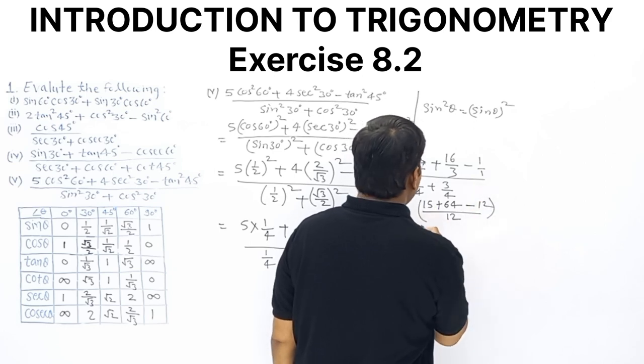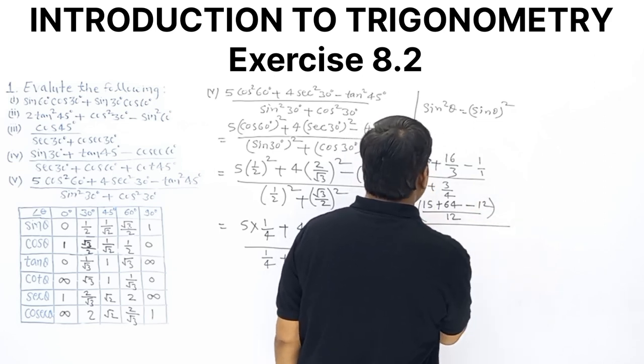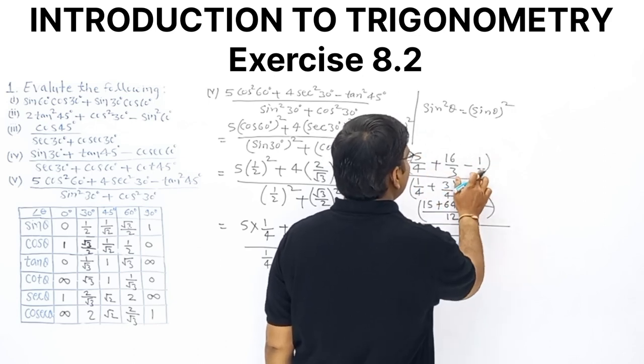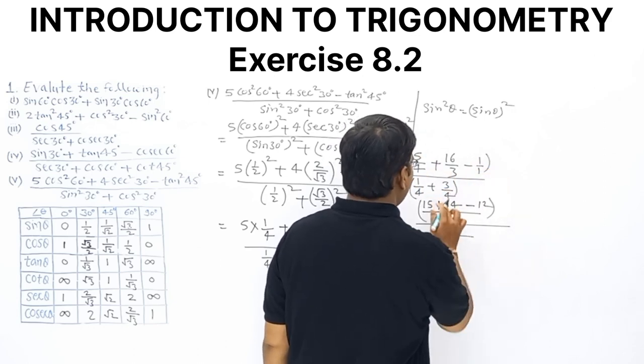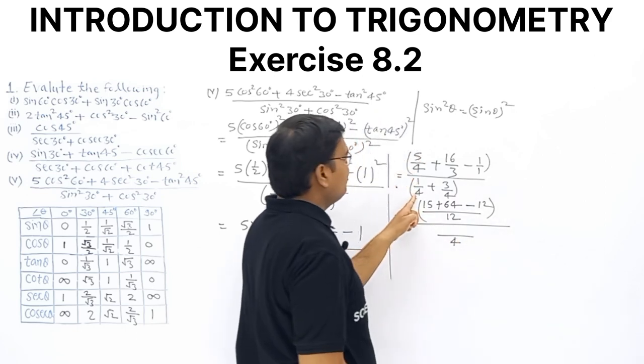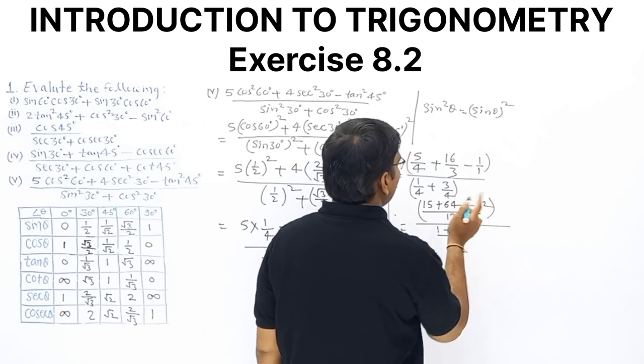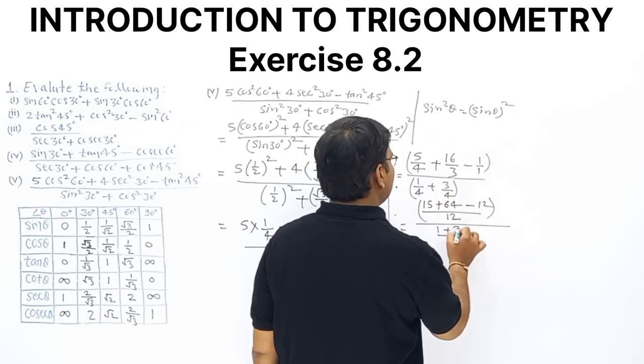This is the numerator value. Then what will be the denominator LCM? In the denominator we are having 4 as the LCM, 4 divided by 4, 1 time it is going, multiplied by the numerator 1 plus 4 divided by 4, 1 time it is going, multiplied by the numerator 3.